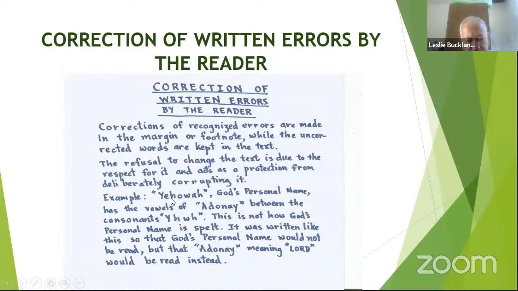And that they would see from the vowels that it belongs to another Hebrew word, Adonai, meaning in English, Lord. So whenever they saw Yehovah, they would know that this is an error and that they were to say Adonai instead of God's personal name.